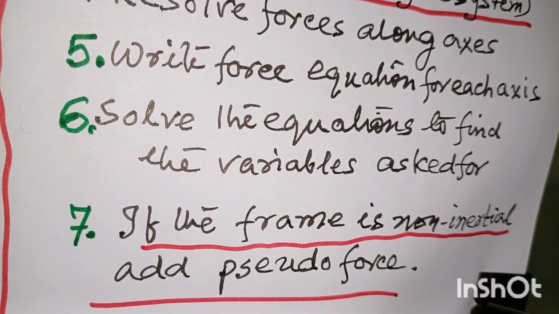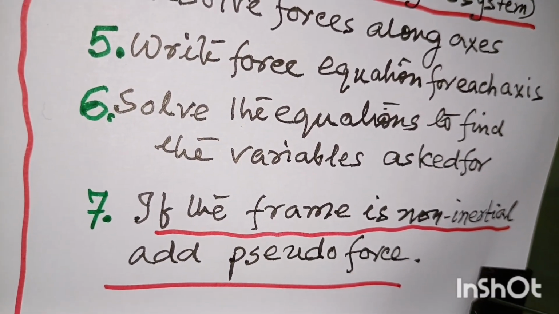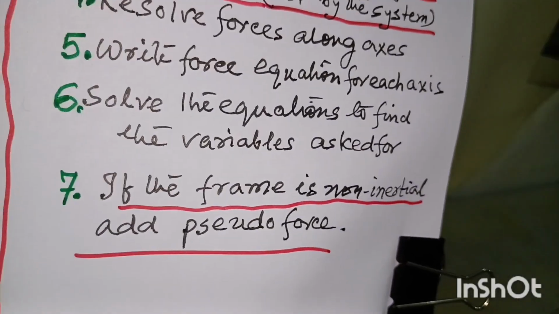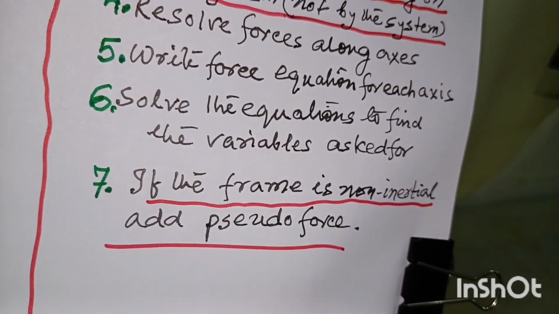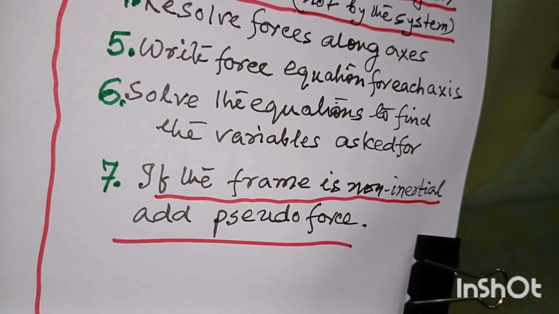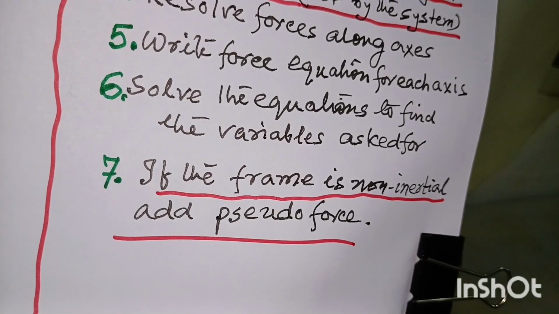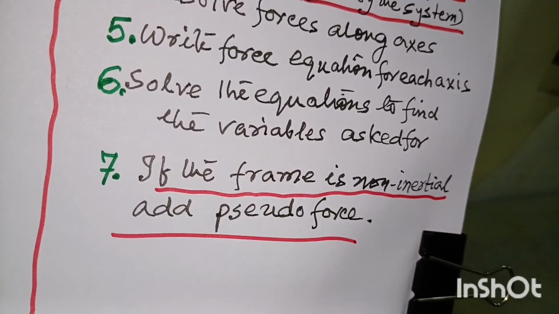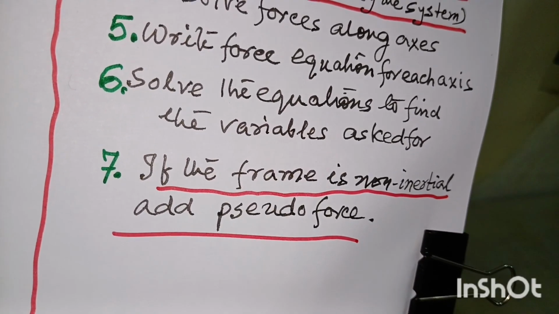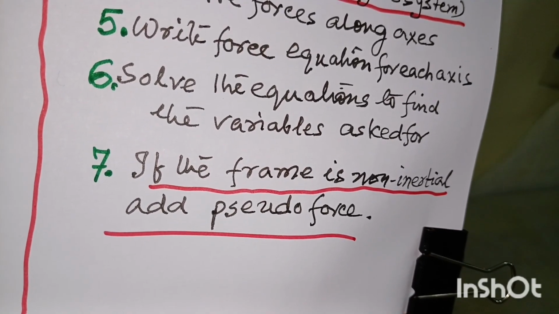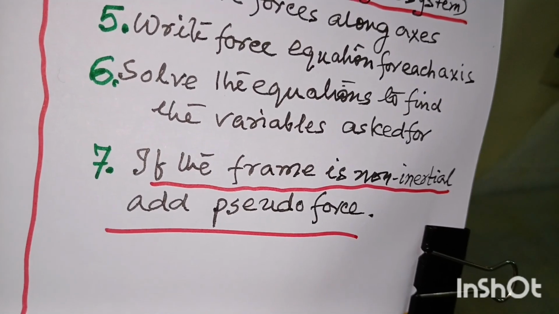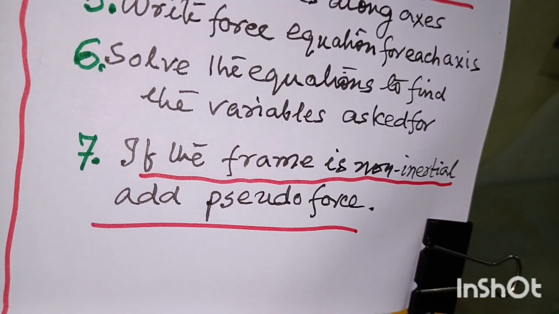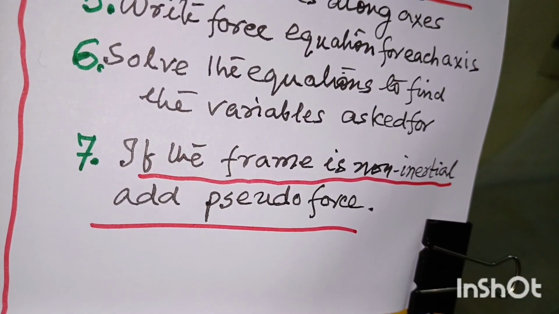Another last point is, if the frame is non-inertial. A ground frame, or a frame at rest, is inertial. A frame with uniform velocity is also inertial. But if it is a non-inertial frame, like a lift going up with acceleration or a lift coming down with an acceleration, in that case we also have to write the pseudo force acting on the system.